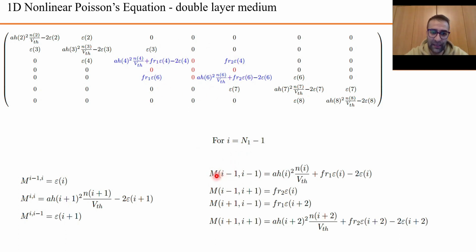For example, we say that, okay, I is 4, therefore m33 should be like this, and it generates this term. If you substitute 4 instead of I, you will get this term. Again, if you substitute 4 instead of I, this term will be this one, that is fraction 2 times epsilon 4. This term will generate this term, and this term will generate this term.